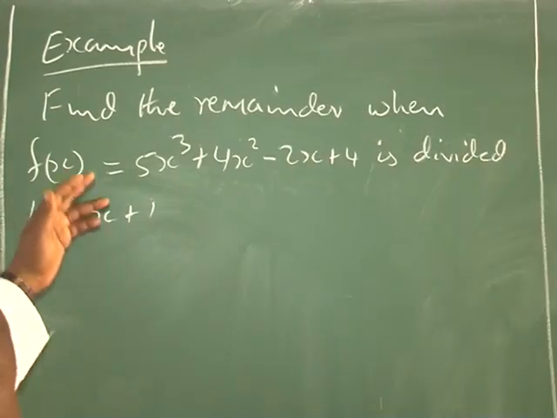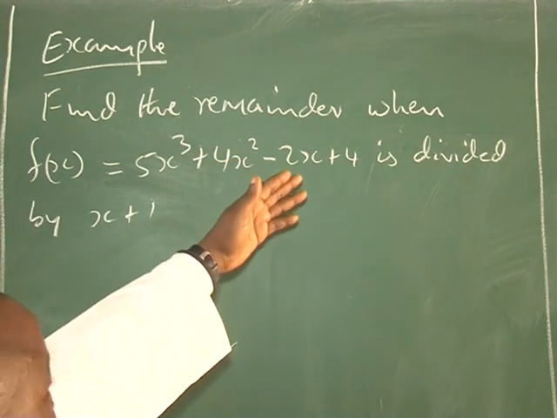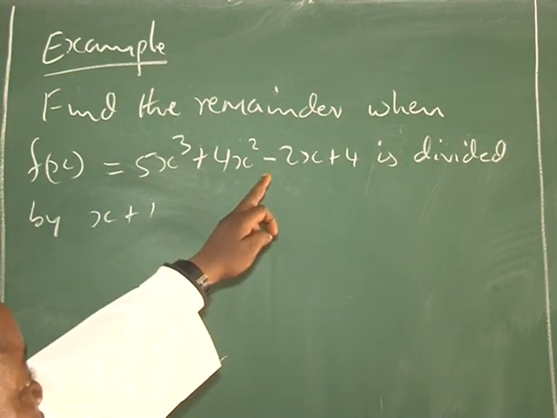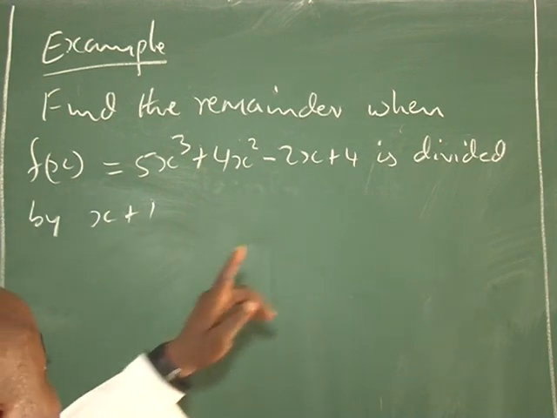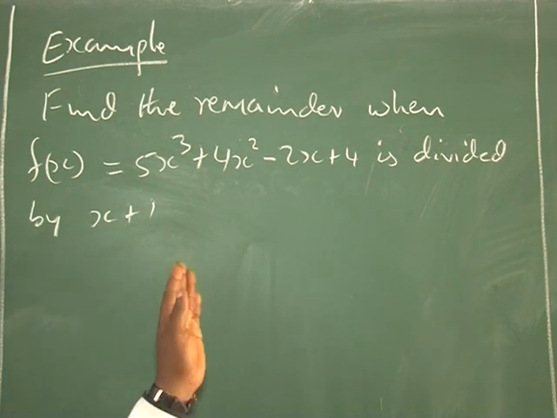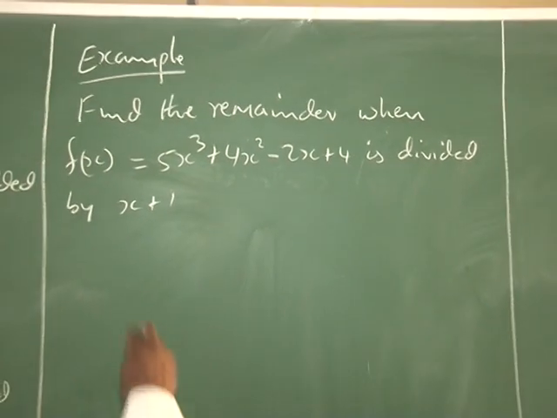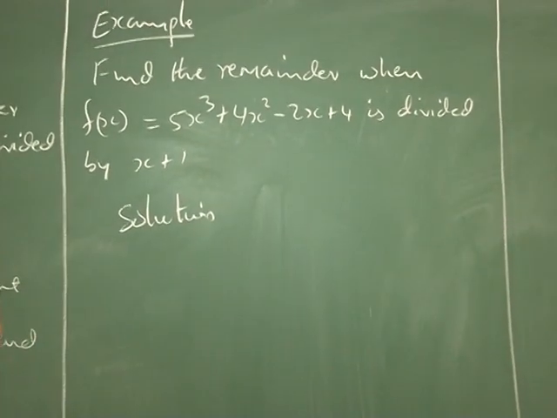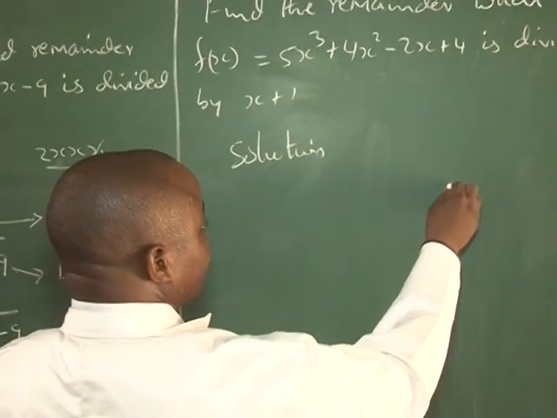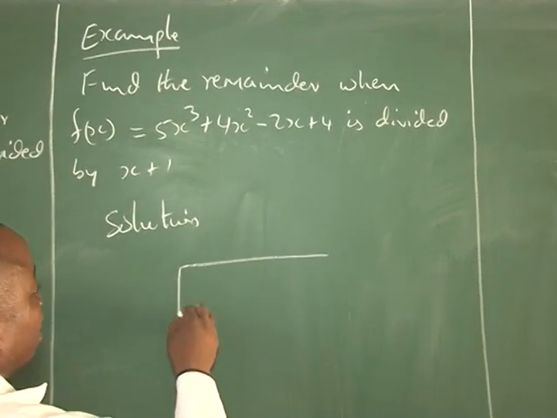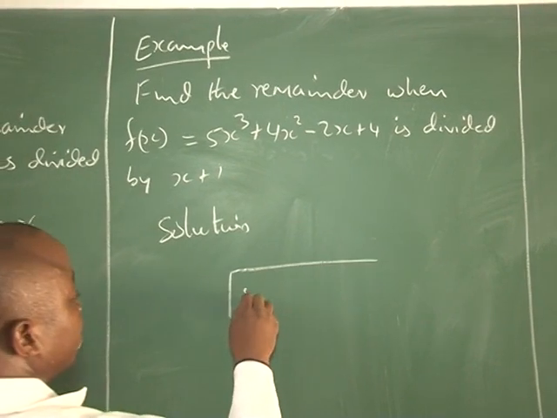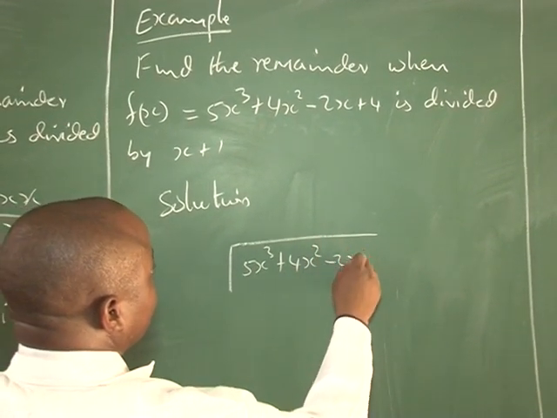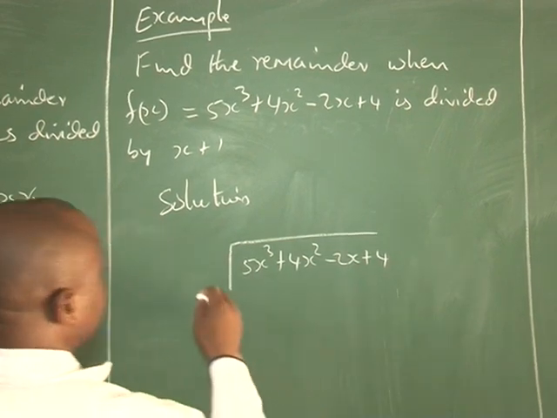Now, to this example, find the remainder when f of x equal 5x cubed plus 4x squared minus 2x plus 4 is divided by x plus 1. By our usual pattern, we are going to use long division method. And we'll put the dividend, which is 5x cubed plus 4x squared minus 2x plus 4.